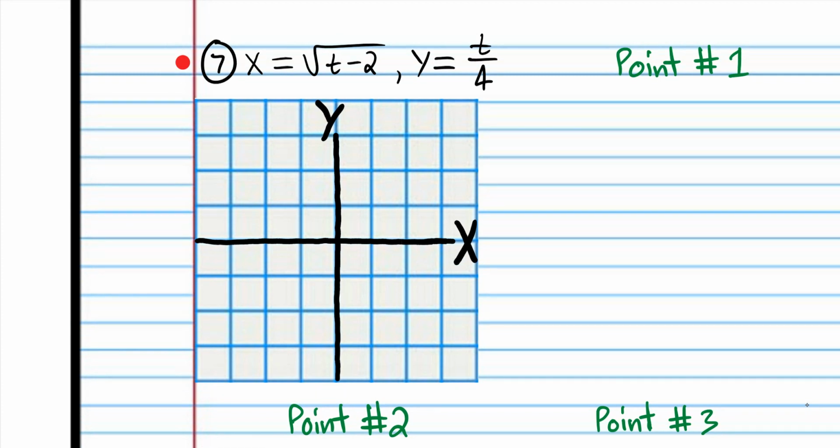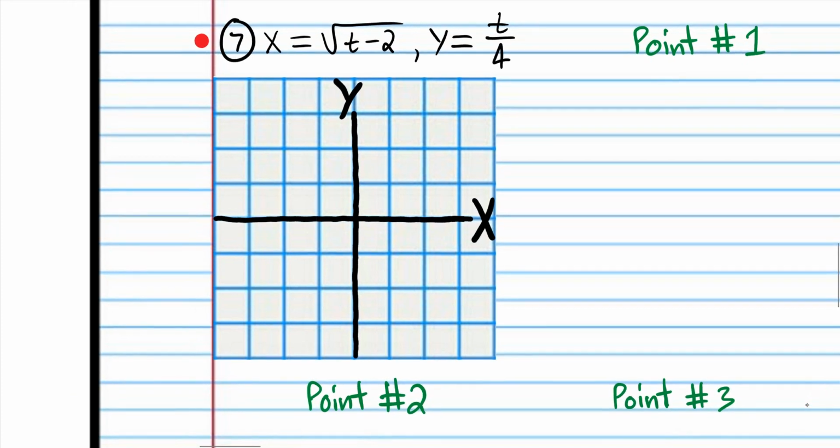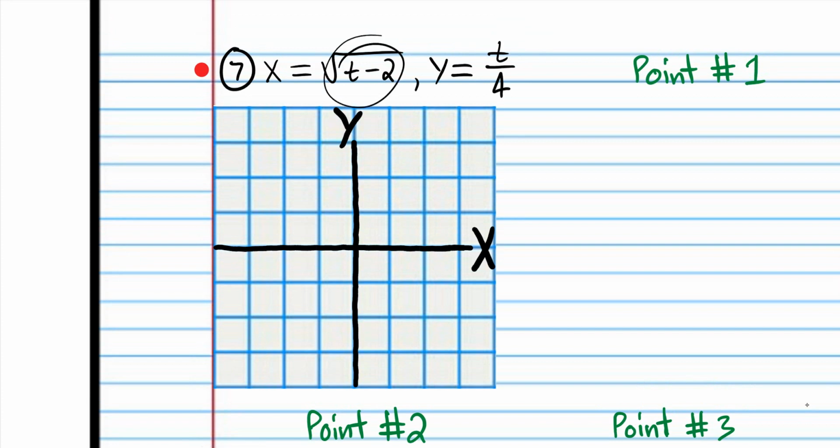So the smallest t value that's allowed with these parametric equations is 2. Any t value less than 2 and you'll get a negative number inside here. So that's one of the benefits of parametric equations, is you can define your x and y values so that there are certain limits on what they can be.